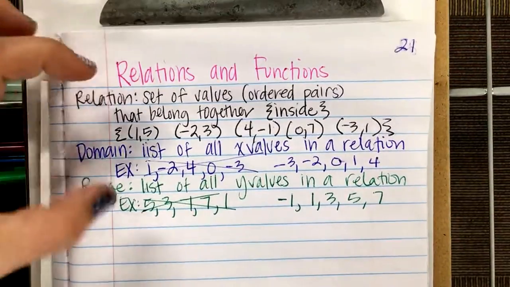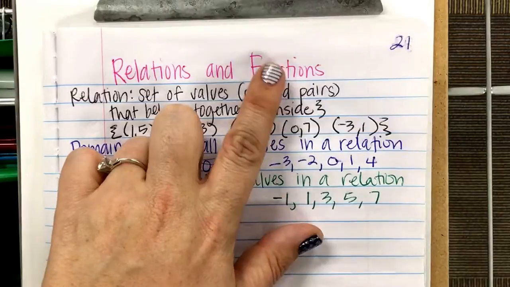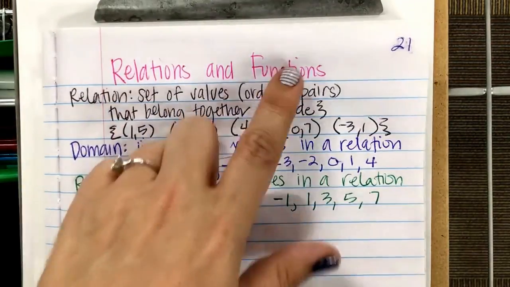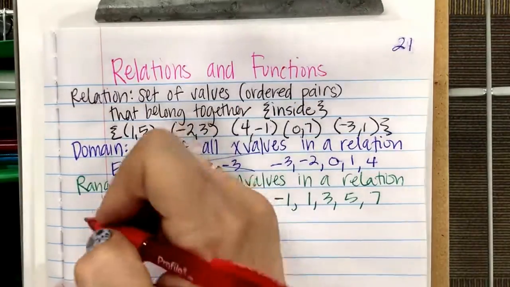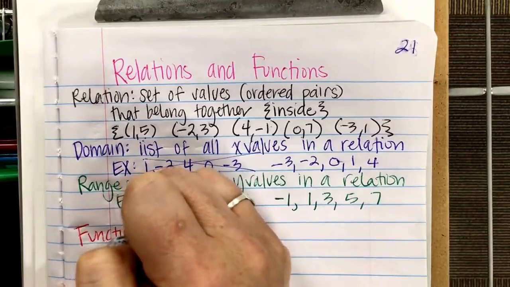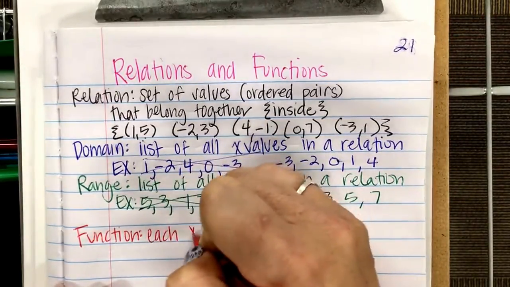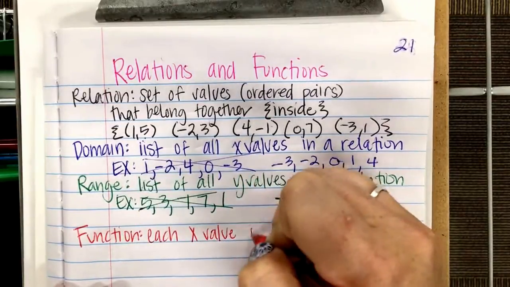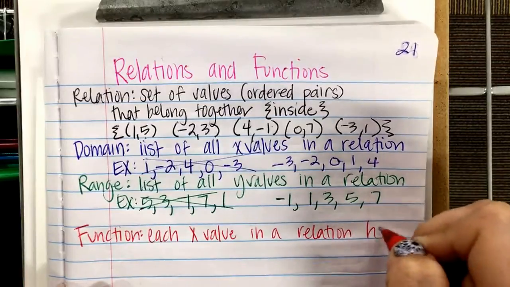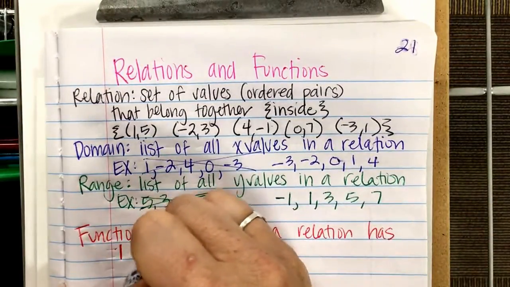So that's a relation, right? Now we're going to talk about functions, because a relation can be a function. It might not be a function, but it can be. So the idea of a function is each x value in a relation has one y value.